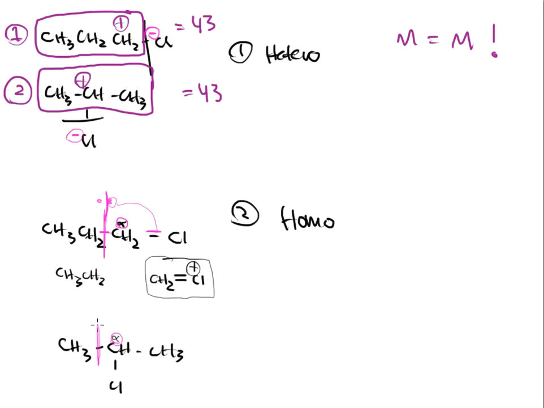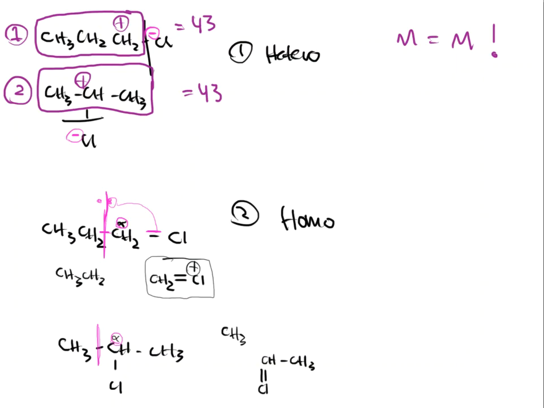What can happen is that this bond will cleave, and away goes CH3. What we have left over now is a chlorine with a CH group and a CH3 group. The electrons that were in this bond split, and it forms a double bond between that chlorine and carbon.